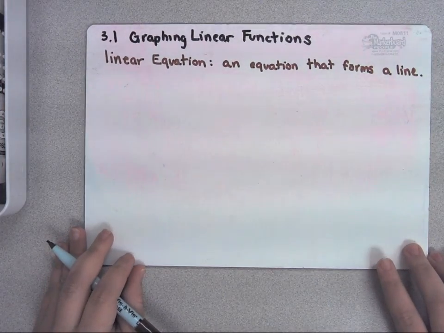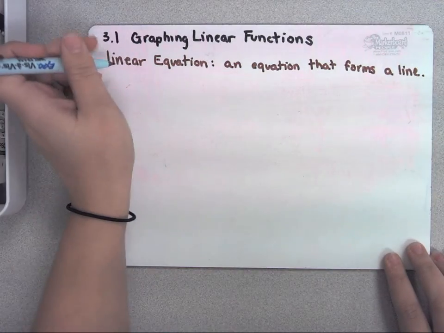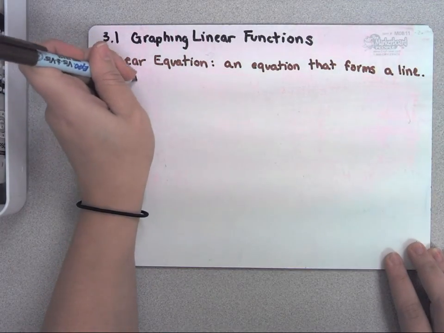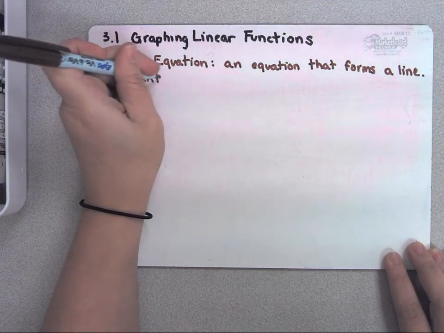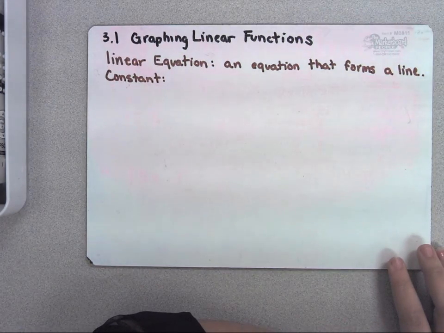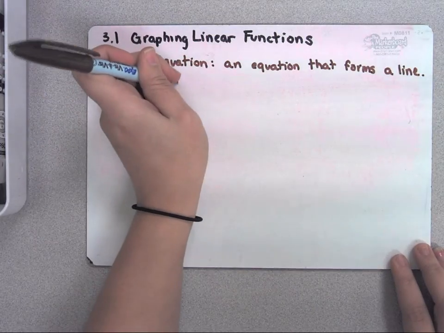Okay. Next thing is, do we know what a constant is? We already actually have talked about this. What is a constant in an equation? Correct. A constant is just a number.